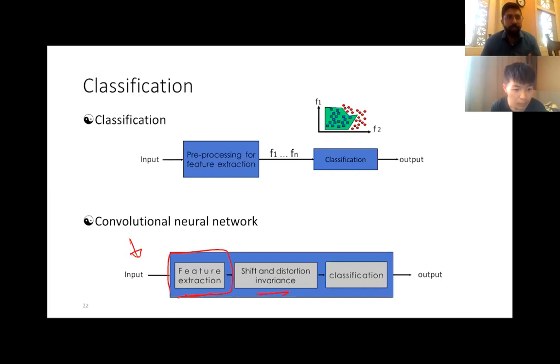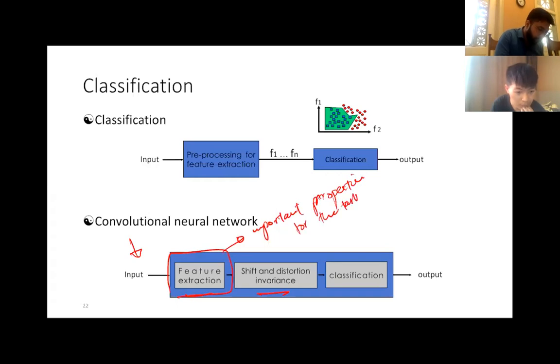For example, let's say you are classifying a cat or a dog. Maybe we would want to look at the ears of the animal. So ears might be an important feature. Maybe we want to look at the whiskers and the nose and the tail. So features are these things, important properties for the task.